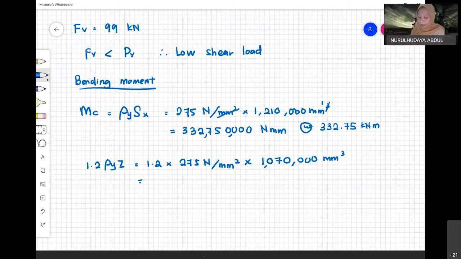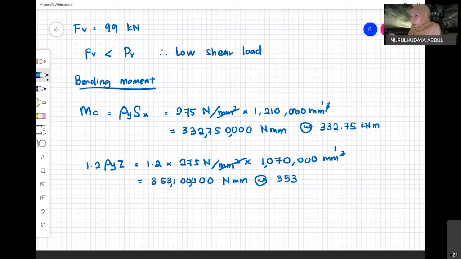And we calculate this one. 3531. Okay, it's going to be something like this lah. 353.100.000 Newton meter. And when you convert it, it will become 353.